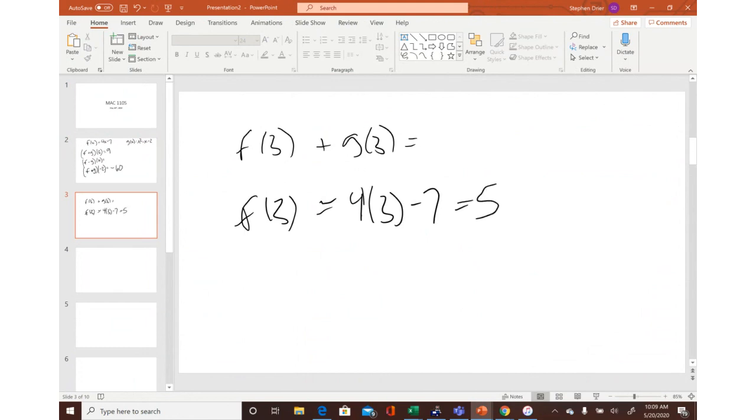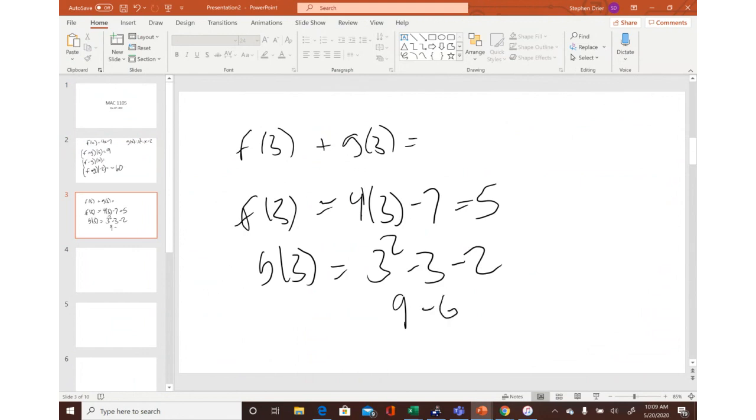Mm-hmm. g of 3 would be 3 squared minus 3 minus 2, which is 9 minus 5, which is 4. Right? Mm-hmm. And now you're adding them together. 5 plus 4. 5 plus 4, you're getting 9. Is that what you said it was?